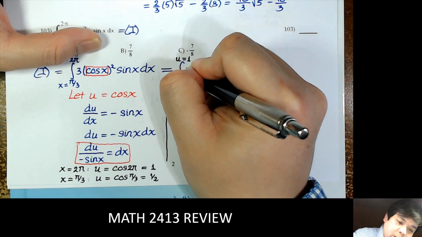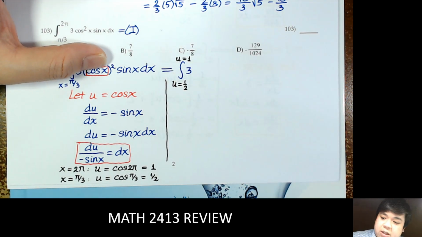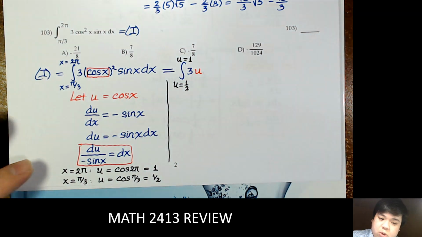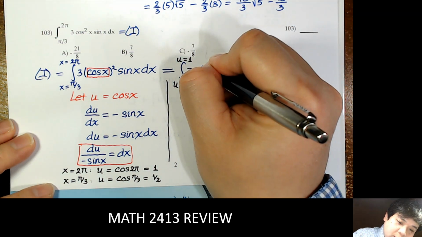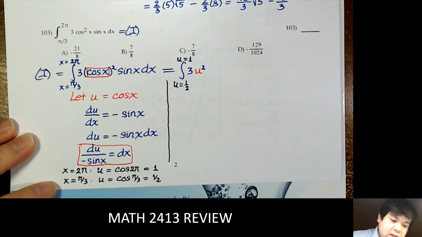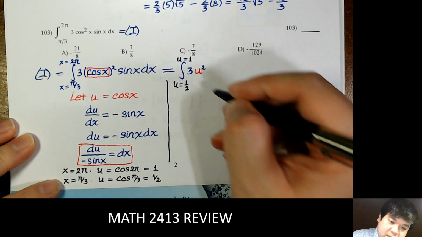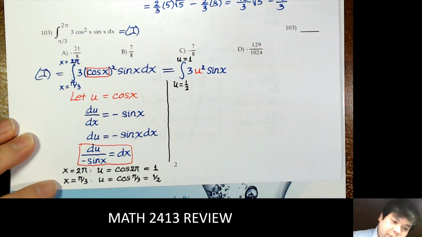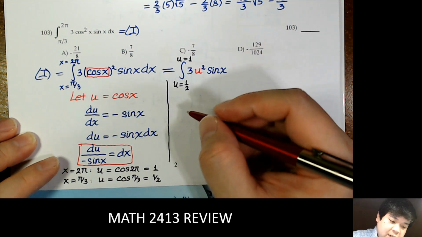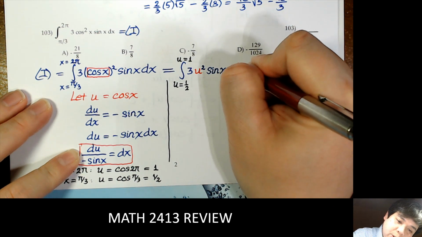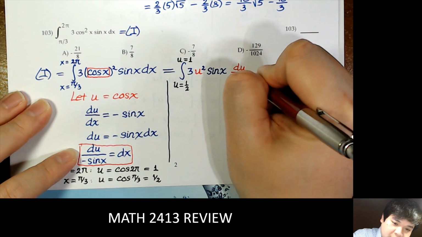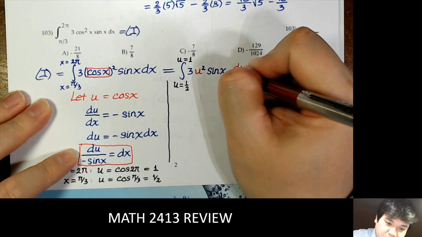And then 3 cosine of x, that is u, and then square, sine x stays there, and dx is du over negative sine x. Again, it is multiplied to it.